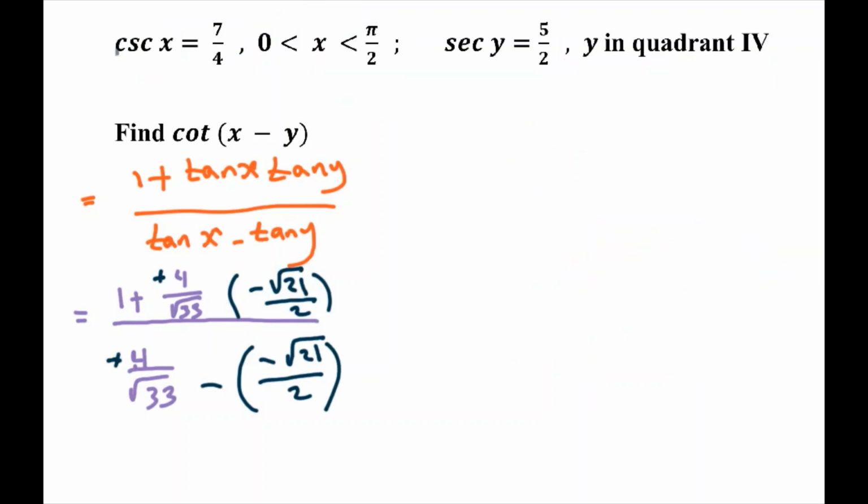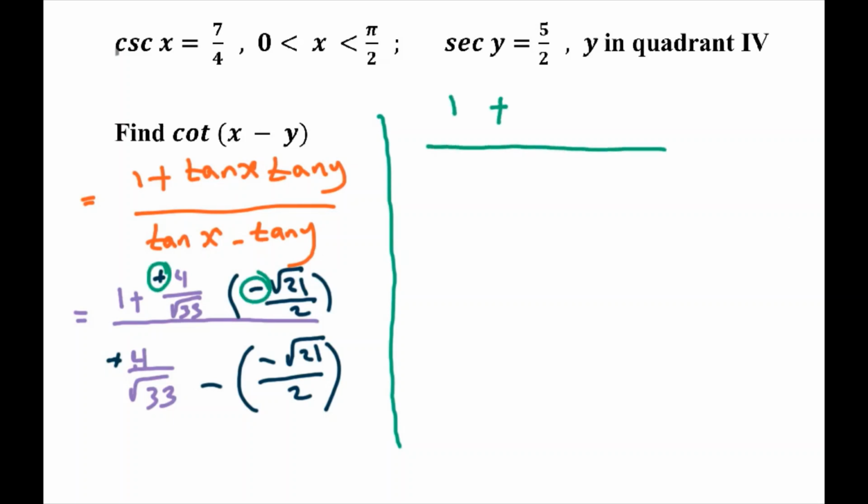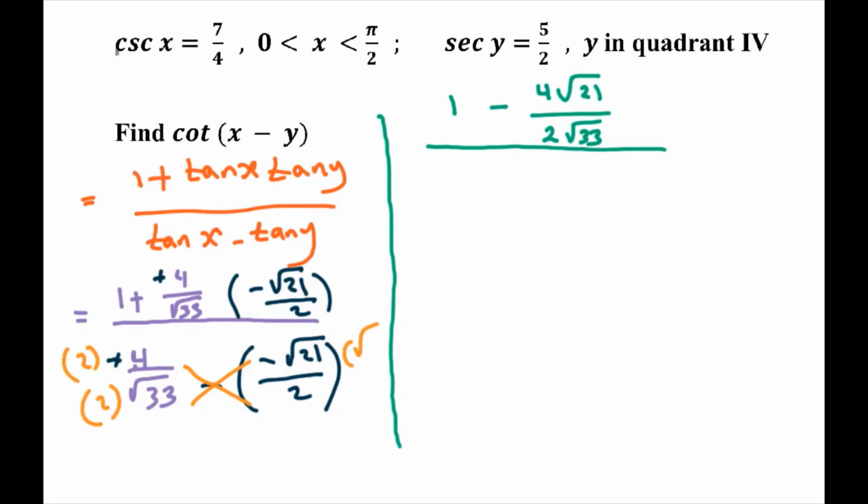So now let's start to simplify this. 1 positive times negative is negative, so it's going to be negative 4 square root of 21 over 2 square root of 33. That's the numerator. Denominator, you can do something like cross multiply, in which you will multiply this by 2 and you will multiply here by square root of 33.